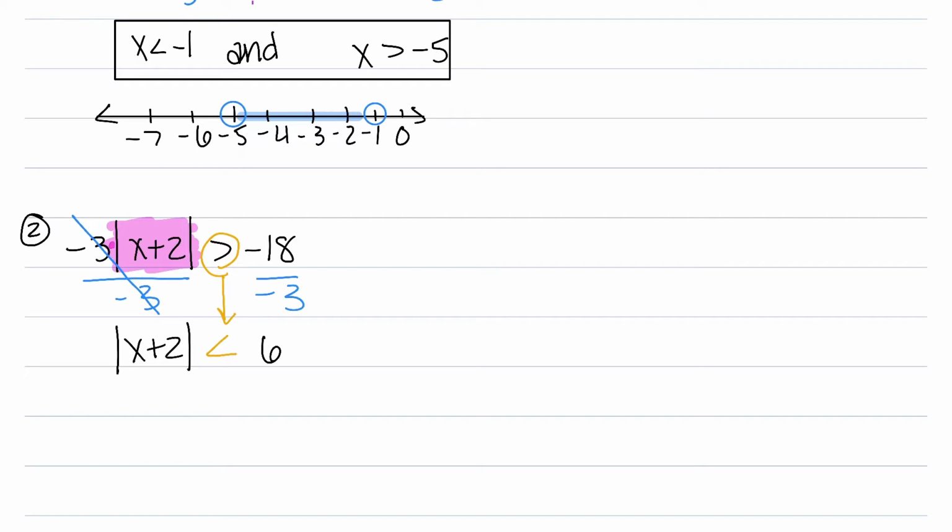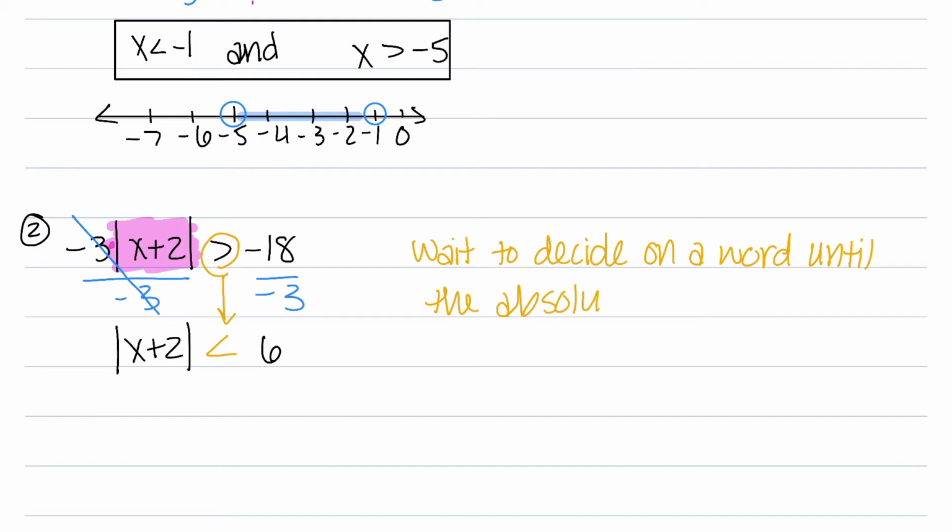So you need to wait to decide on a word until the absolute value is by itself. Otherwise, you might choose the wrong word, right? If I started at the beginning, I would have chosen an or.